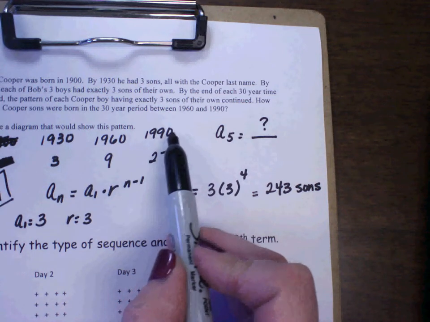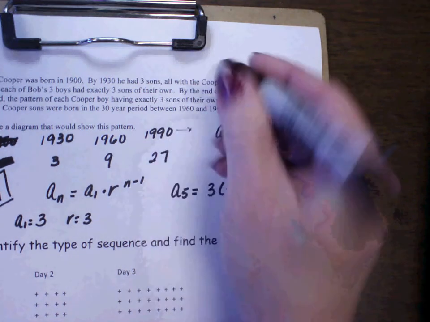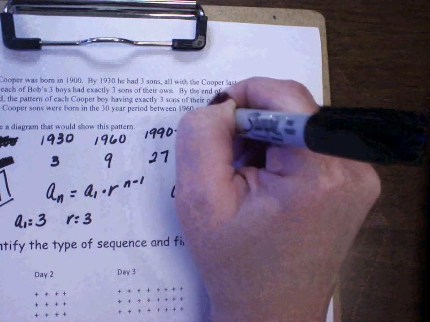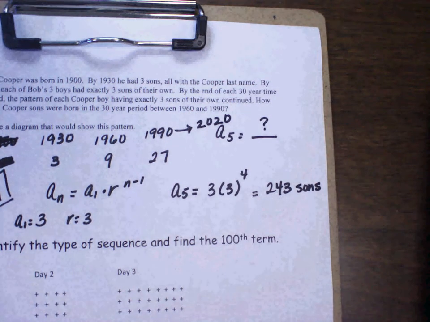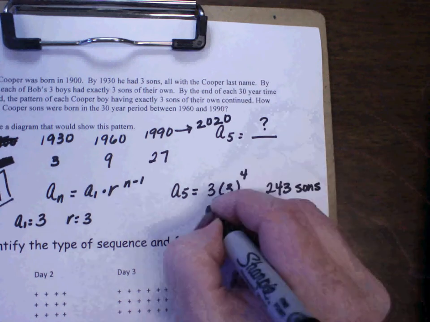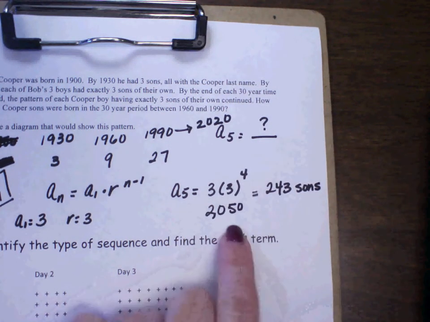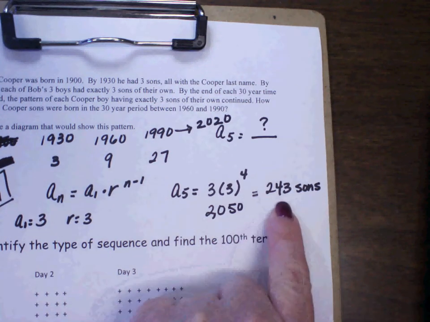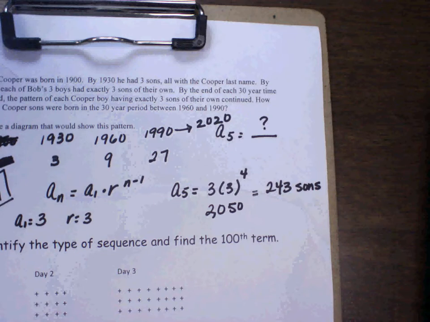The next term is 30 more years, so it would be 2050. Very good. So by the year 2050, there would have already been 243 sons with the last name Cooper. All right, this is not hard. We just don't think about things.